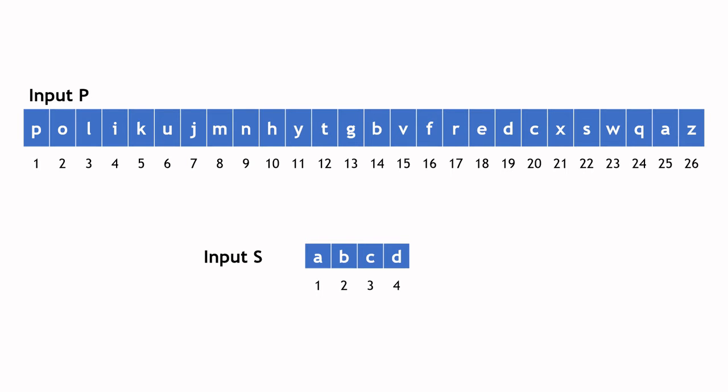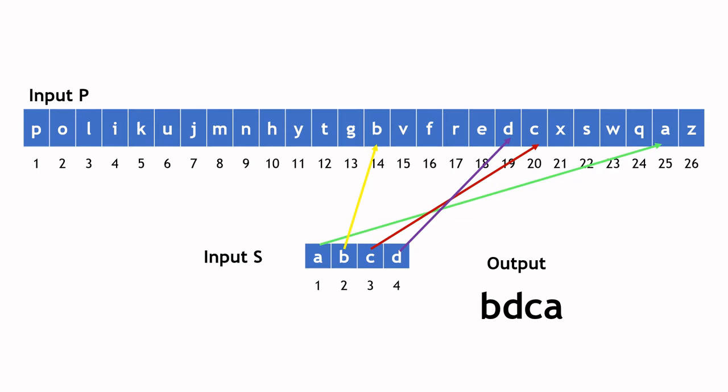So these are the inputs that we have. With the input, what we can do is check the dictionary P, and check whether that alphabet is in the input S. Whichever we encounter first, we just print. From the arrows you could see that B was the first thing that got encountered.